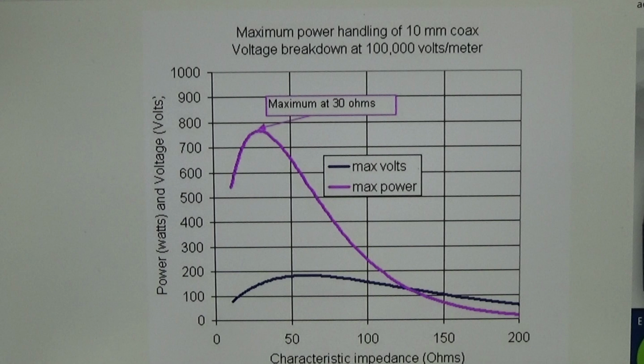So therefore that is the reason why our radio coax cables are 50 ohm and why our radios themselves are all matched to 50 ohm, because for a transmitter and receiver it is the best impedance to handle both our receive and our transmit.